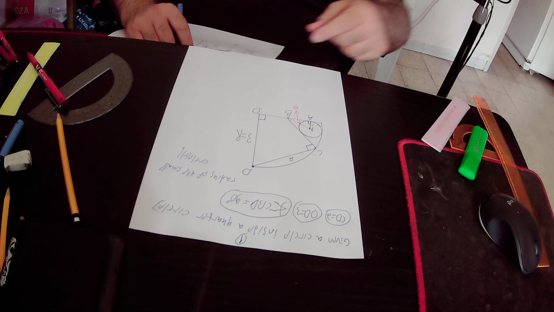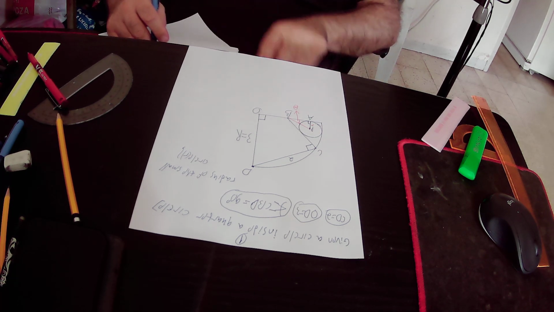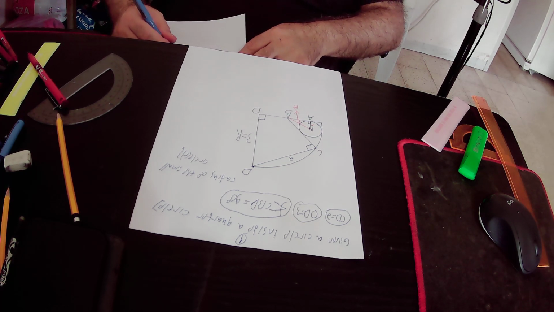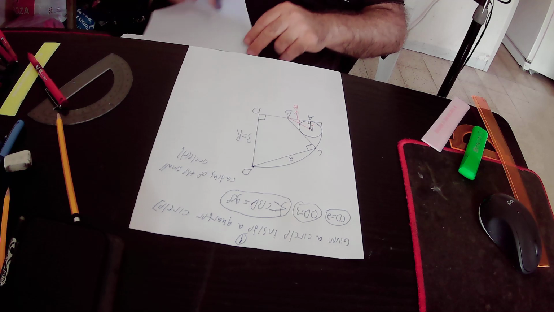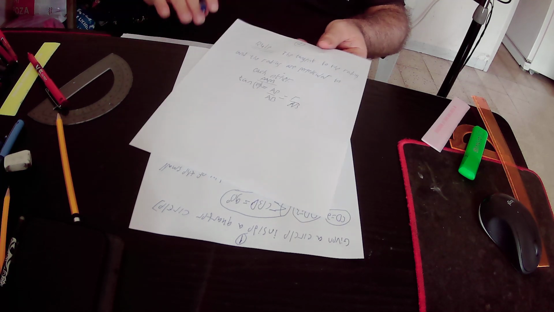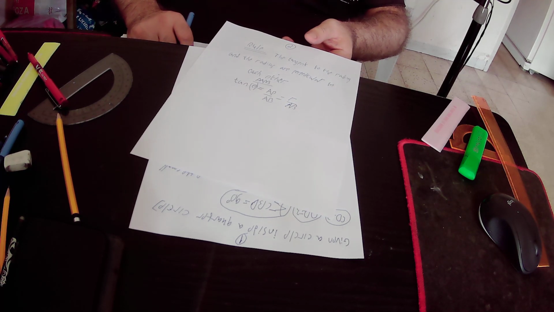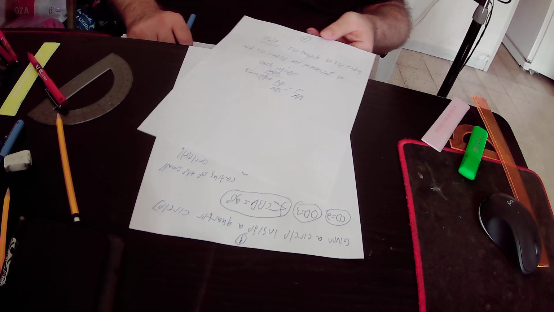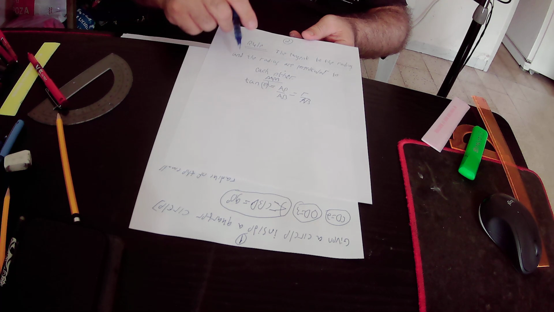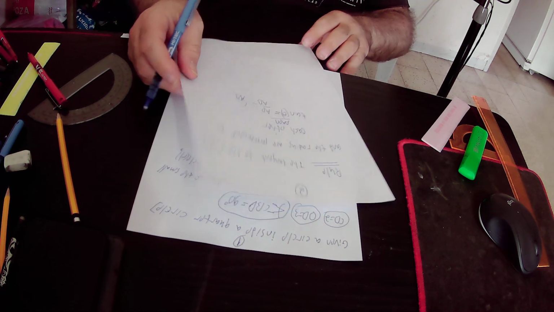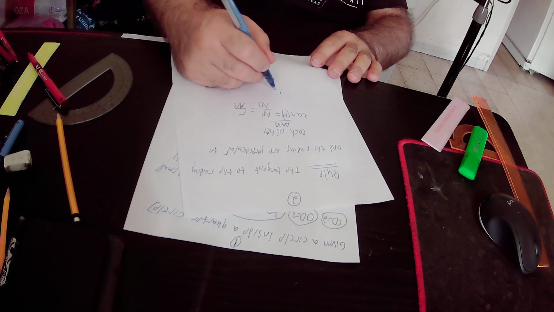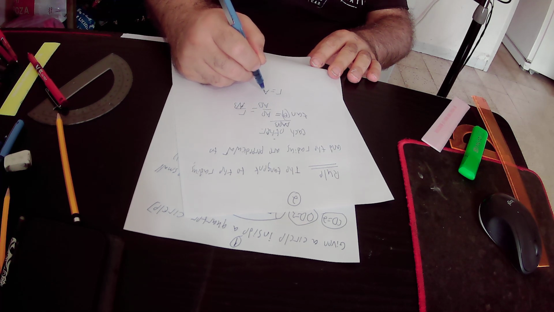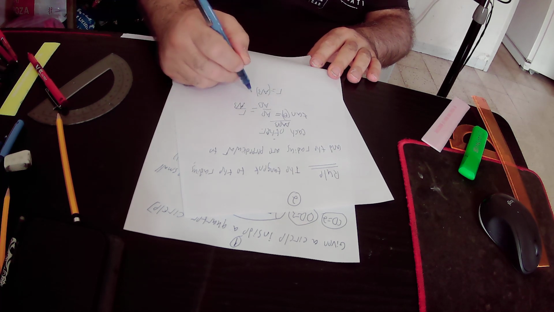Okay, but AP is the radius of the small circle, so we can substitute AP by R. So we got that tangent theta equals R over AB, and here we will multiply this equality by AB, and we will get that R equals AB times tangent theta.